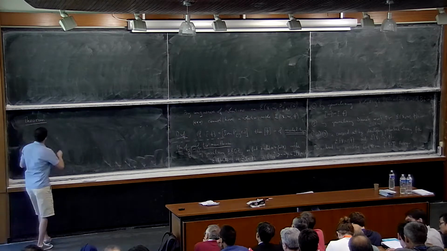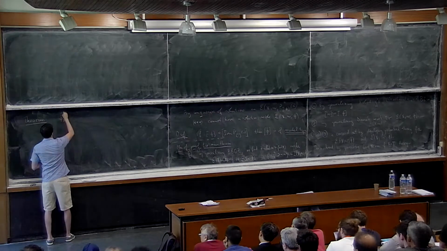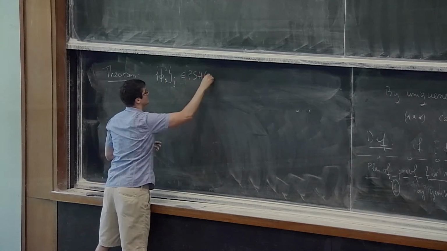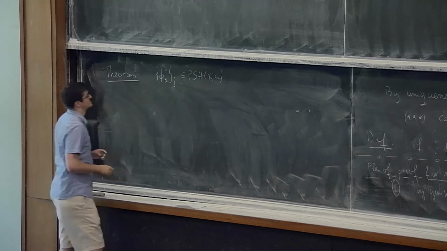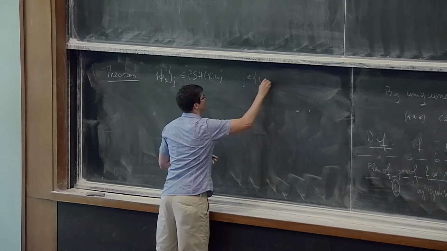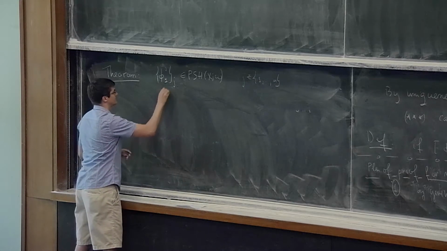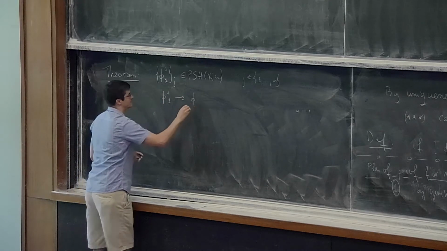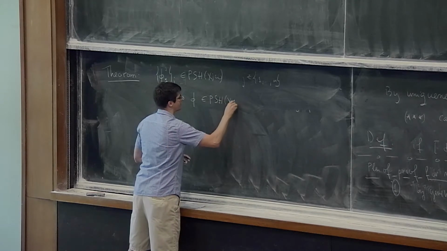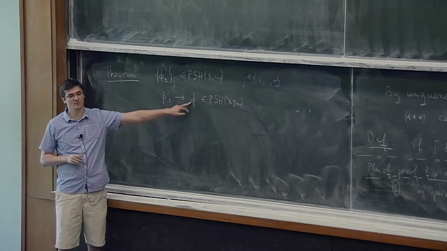Okay, so suppose you have m sequences of psh functions, phi_j^k, where k runs between 1 and m. And we ask that each of these has a limit, where this convergence is either decreasing or increasing almost everywhere.